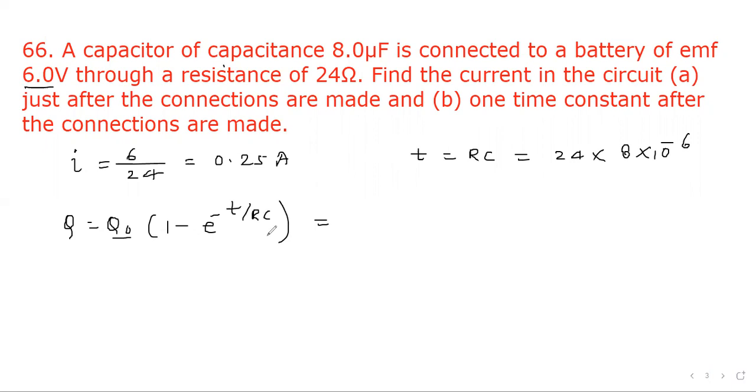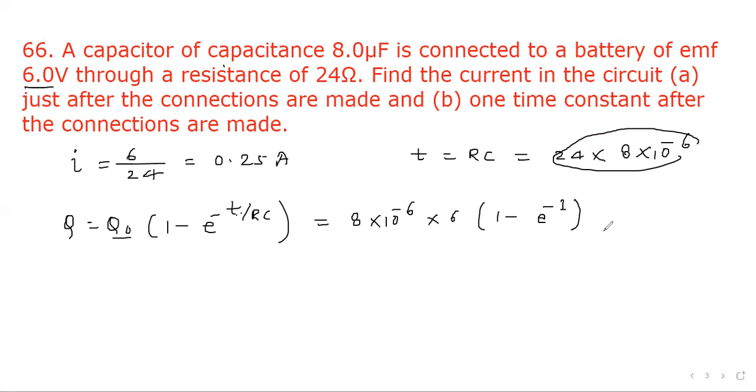Q0 is CV, so that is 8 into 10 to the power minus 6 into voltage 6, times 1 minus e to the power minus. Here, it is not necessary to evaluate this because t is given as one time constant. It means t is also RC. So we will be left with e to the power minus 1.